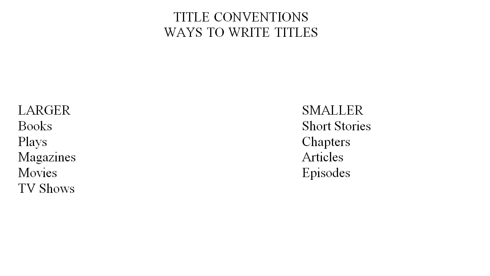The way we write the titles of these two kinds of things basically depends on which kind of thing it is, whether it is a larger or a smaller work. Basically, larger works get italics, while smaller works get quotation marks.